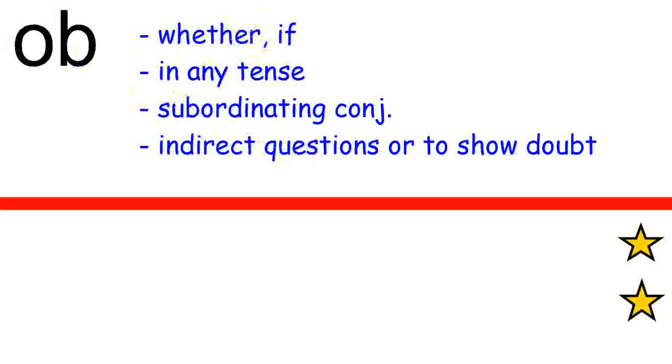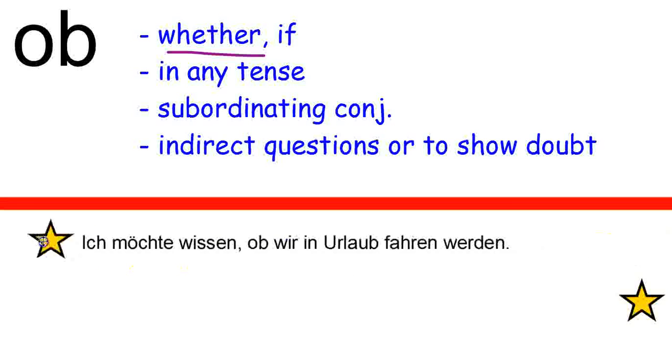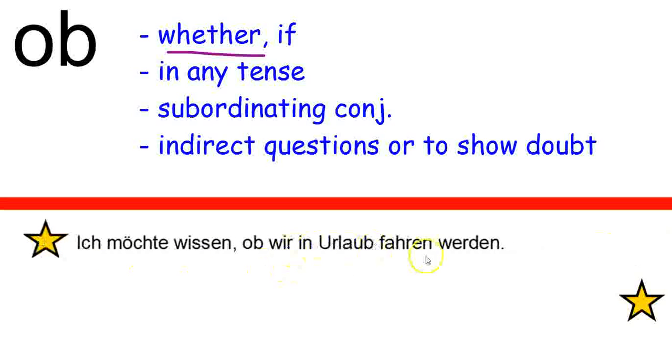So really think about this as not when, but like whether or not something happens or occurs. So here we have, ich möchte wissen, ob wir in Urlaub fahren werden. I would like to know whether we will go on vacation. So I don't know, are we? Not when are we, but if we're going, whether or not we will.